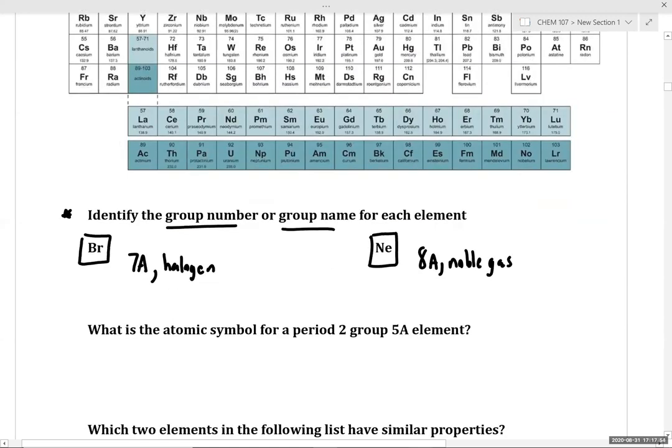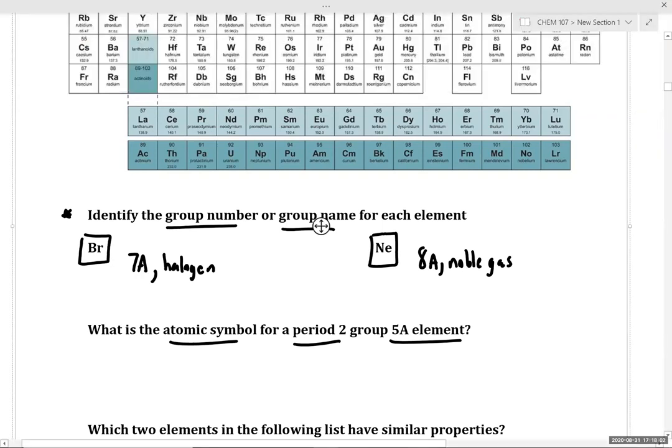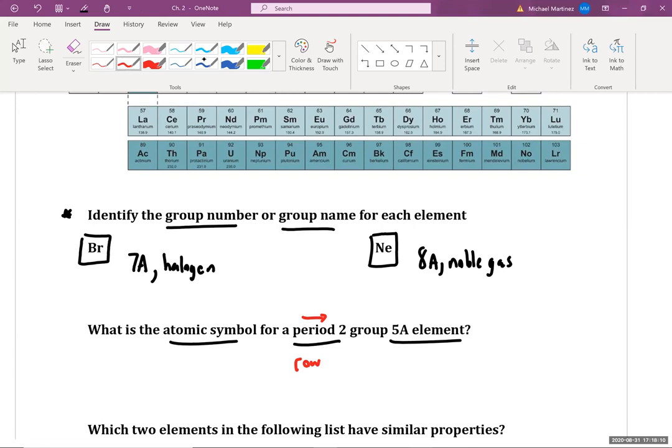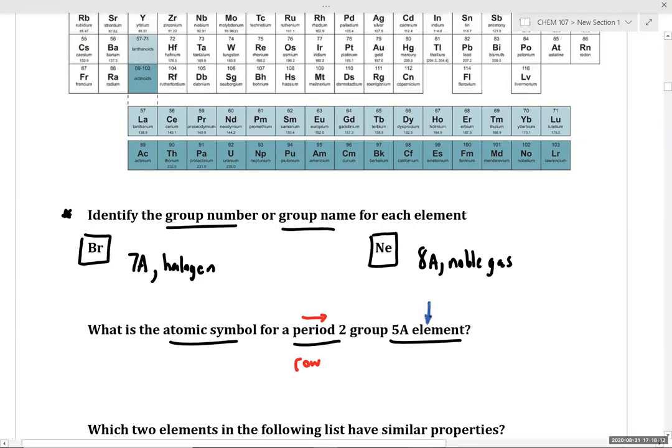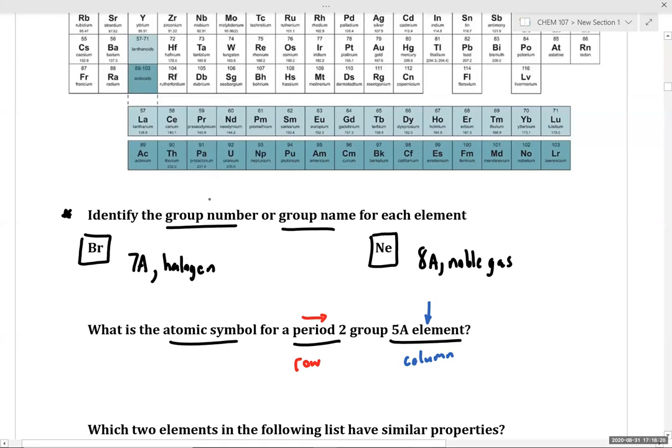Here we're asked to find the atomic symbol for a period 2 group 5A element. Okay, let's unpack this a little bit. The period number, so period, refers to horizontal rows, while the group number refers to the column. So given the period and group number, we can quickly find our element.